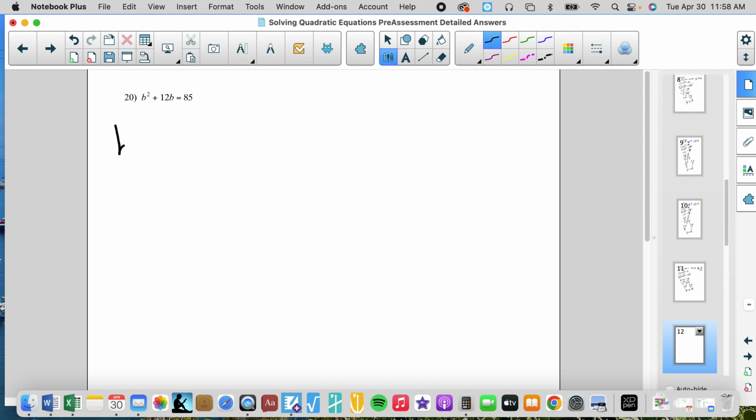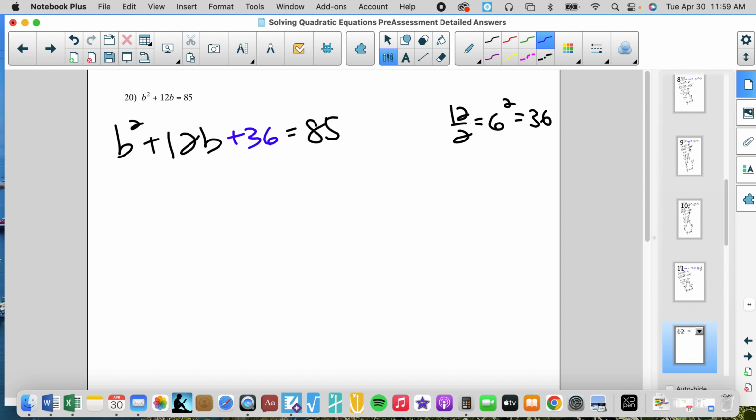So b squared plus 12b equals 85. We're going to take half of 12 and square it, 36. We're going to add 36 to both sides. We get b plus 6 quantity squared equals 121.